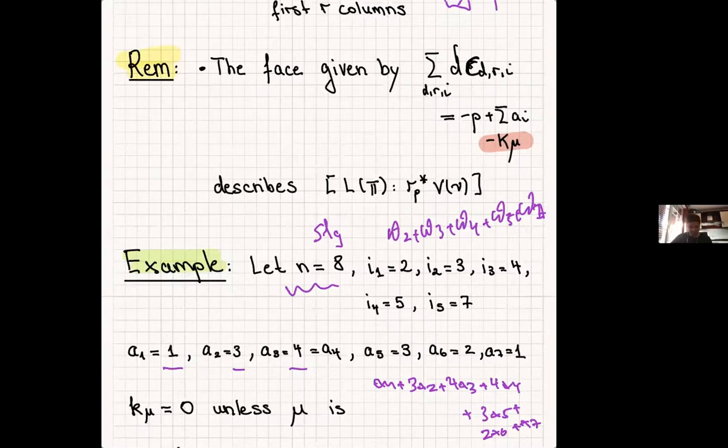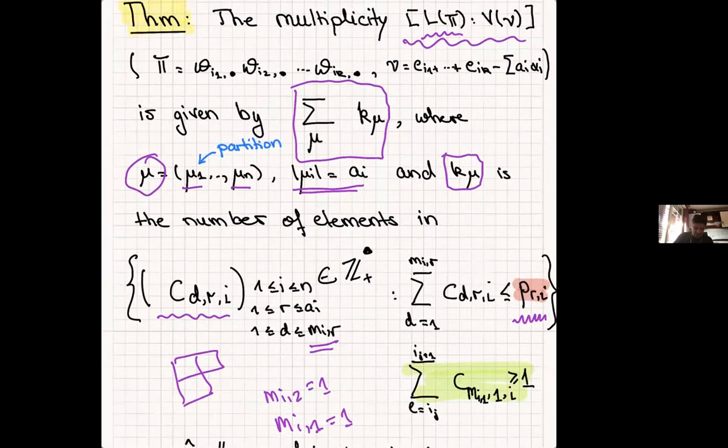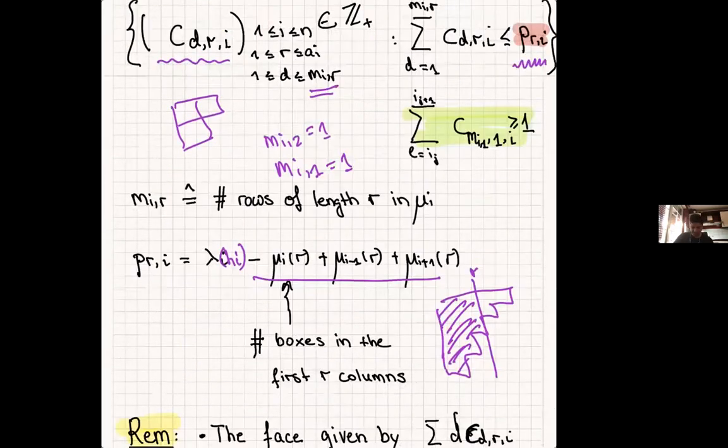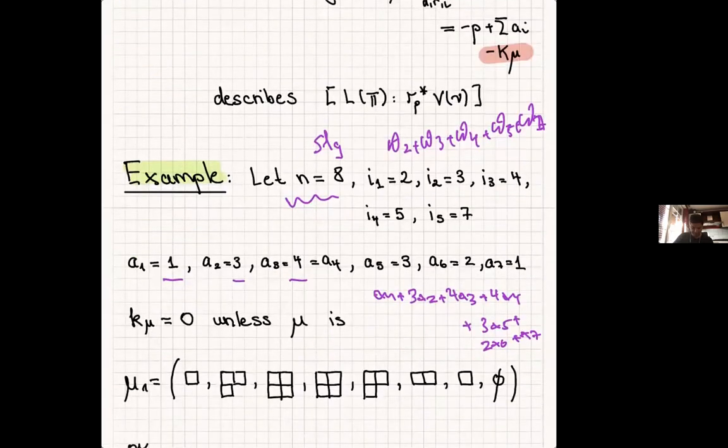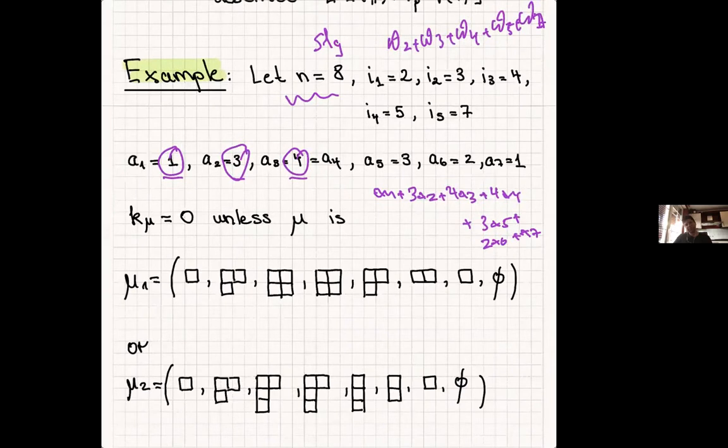So first of all, you have to take all multi-partitions which have exactly a_i boxes. What is a multi-partition with a_i boxes? For example, this one: this has 1 box, it's this number. This has 3 boxes, it's this number. This third one has 4 boxes, and so on. Then when you write down all the inequalities, you can show that this polytope K_mu is empty unless it is one of these two multi-partitions.